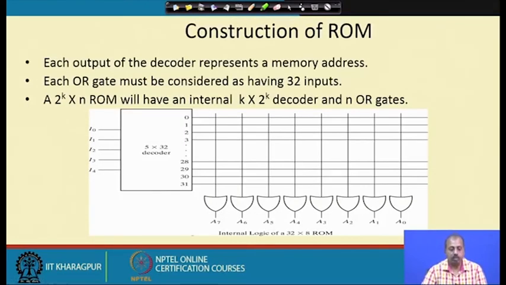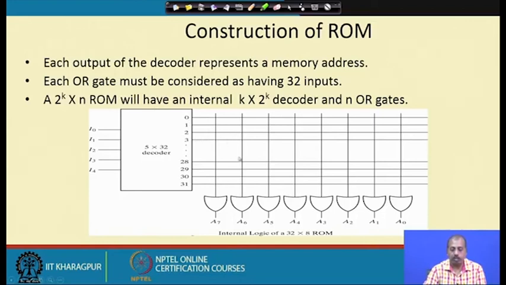Now, how do you construct a ROM? Logically a ROM is constructed like this. If I want to make a 32 location ROM, we take a 5 to 32 decoder. The address lines come to I0, I1, I2, I3, I4, and then these 32 lines come out of the decoder.